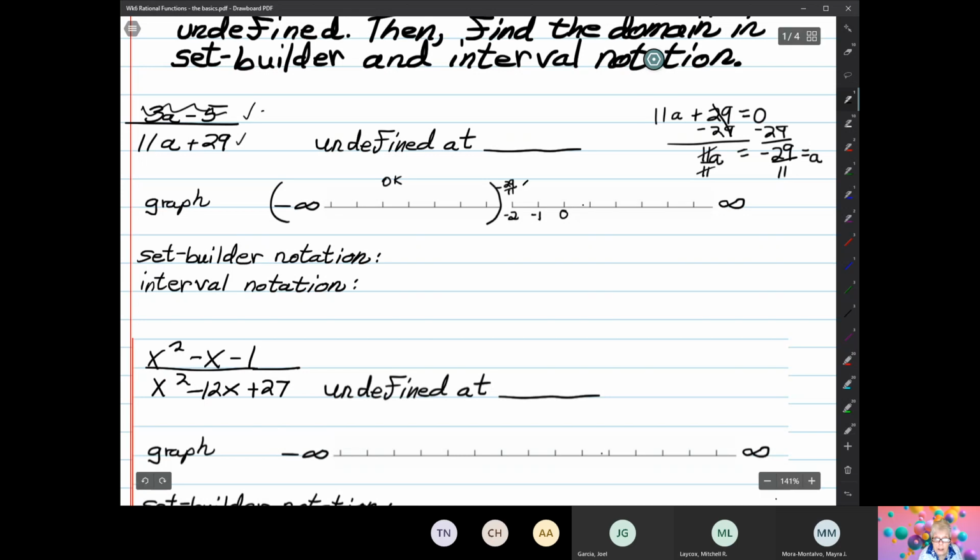And all of the numbers on the right are okay also because they will not make the denominator equal 0. But a cannot equal under any circumstances negative 29 over 11. So a here is undefined at the number negative 29 over 11.